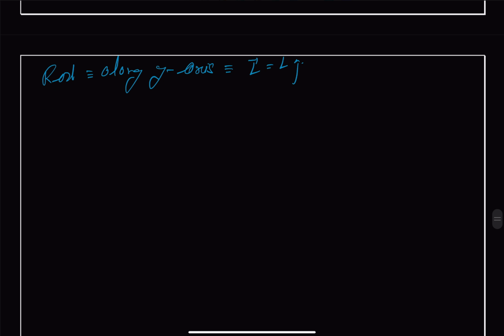Similarly we can write the current. In the figure it is already given to us that it is along the j unit vector, therefore our I vector will be equal to I j unit vector.